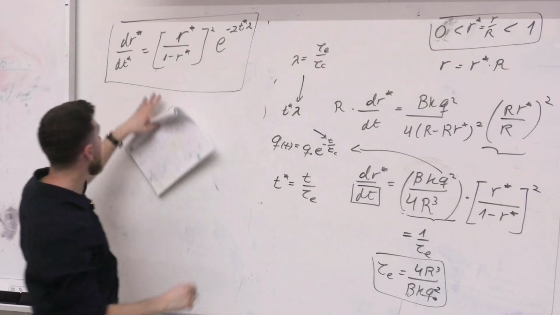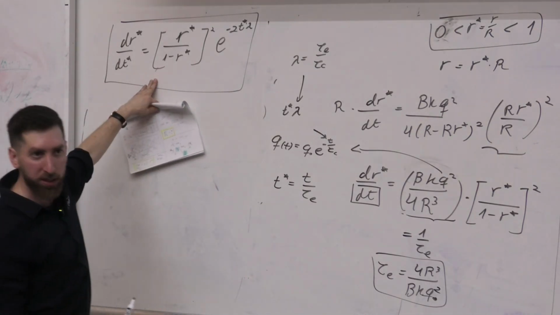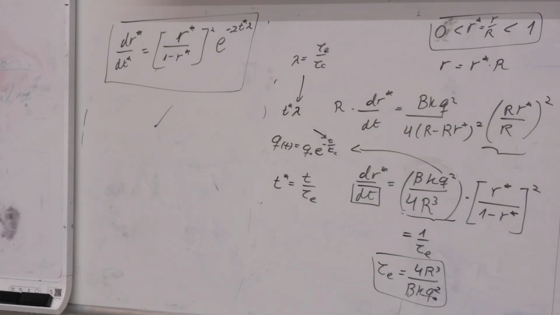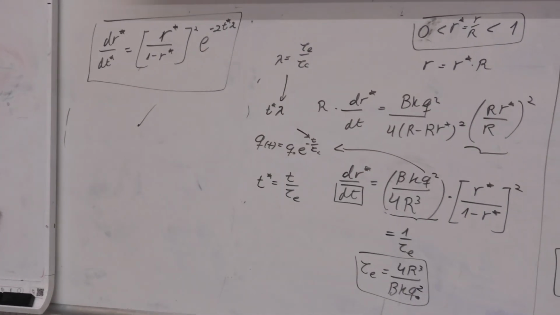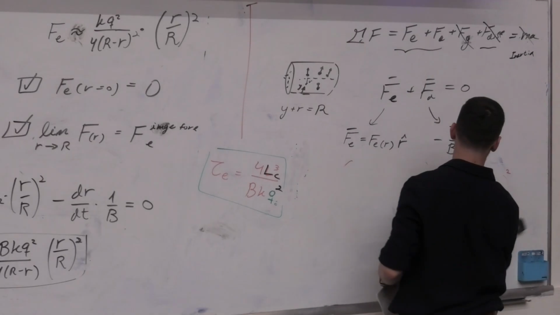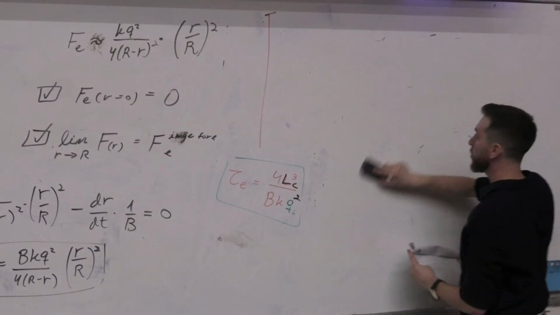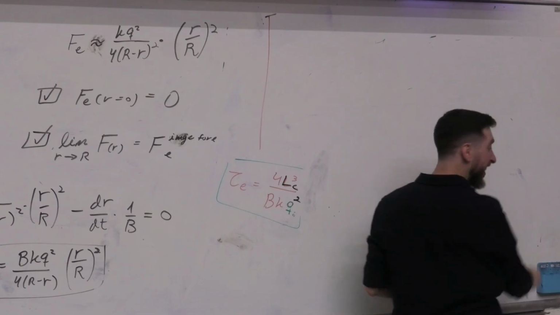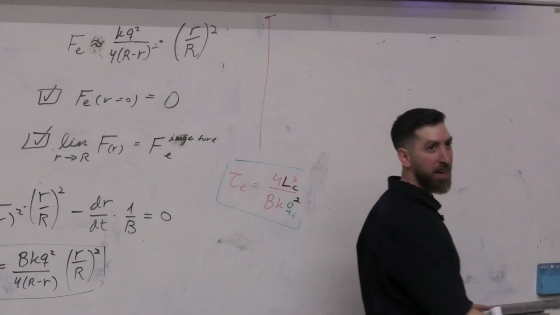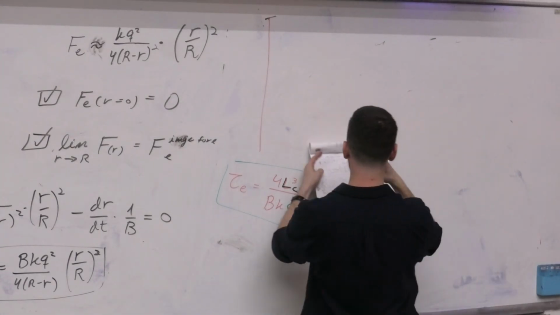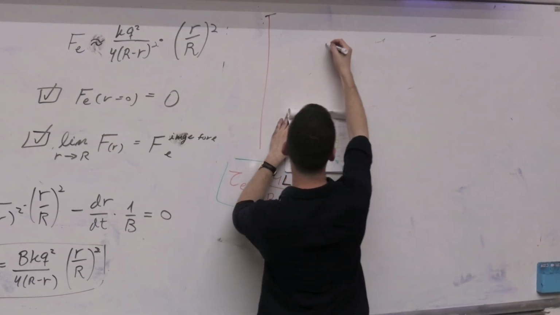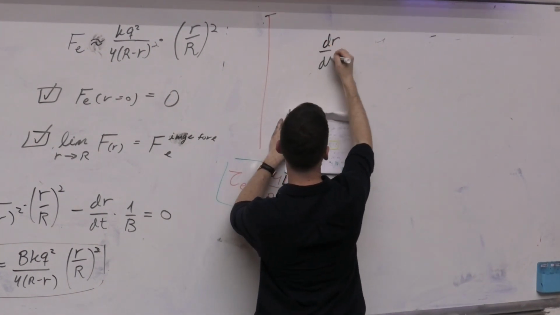This is very nice, but what's really missing for us, and we're going to come back to it, is to say, would you succeed to penetrate this cylinder, or are you going to get stuck inside it? So I'm actually interested in dr/dt.